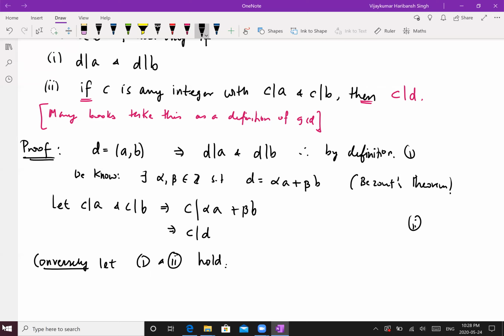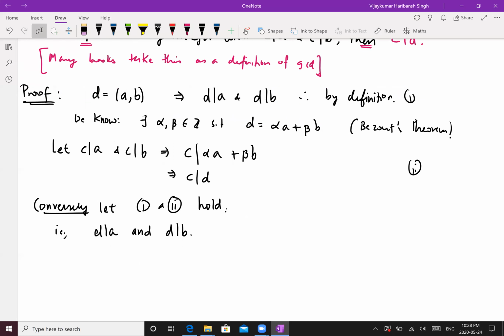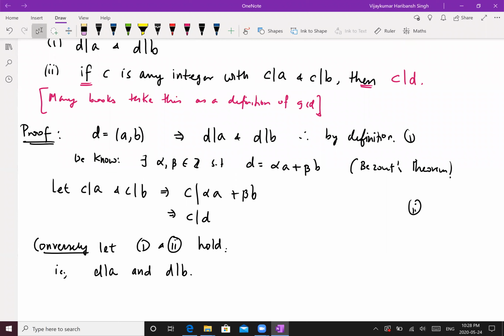That is, D divides A and D divides B, and if C is any common divisor with C dividing A and C dividing B, then C divides D. We want to show that whichever D satisfies this is a GCD.